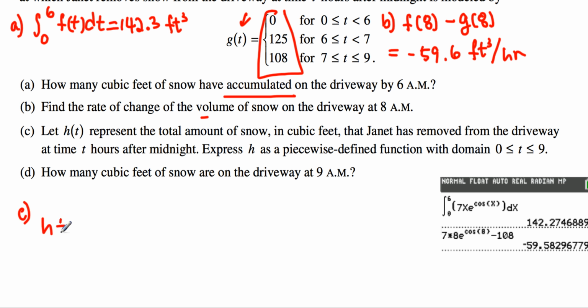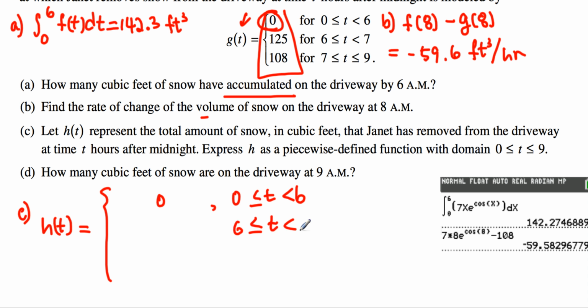h of t first can be defined by where t goes from 0 through 6. So when t goes from 0 through 6, nothing happens. So therefore, we can just simply write down 0. But how about t goes from 6 to 7?